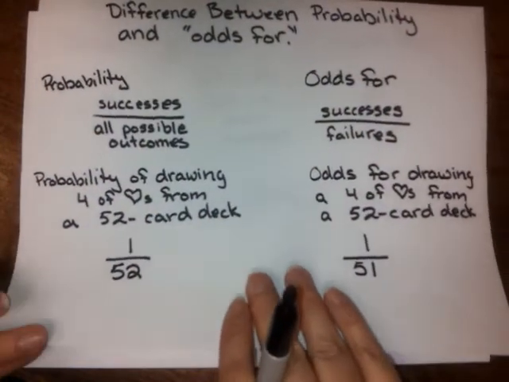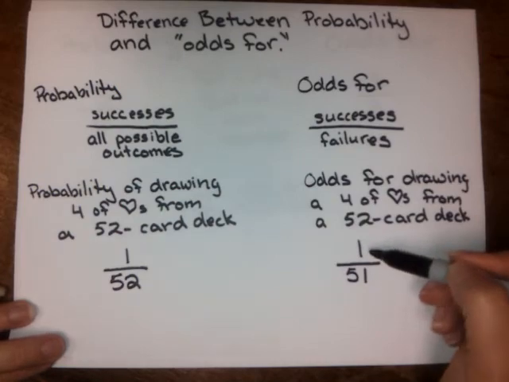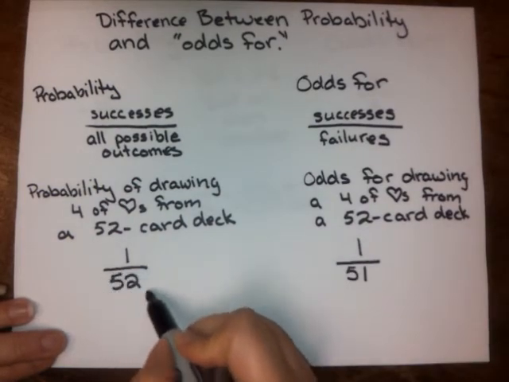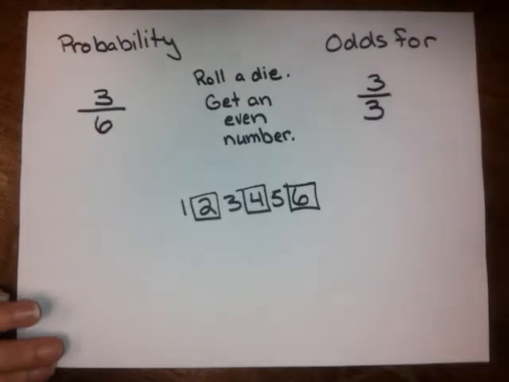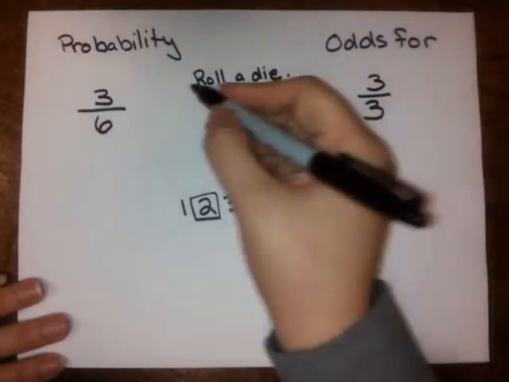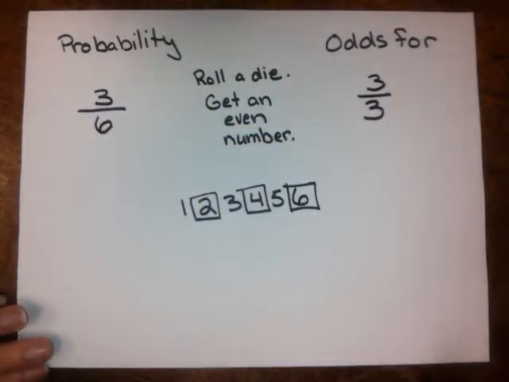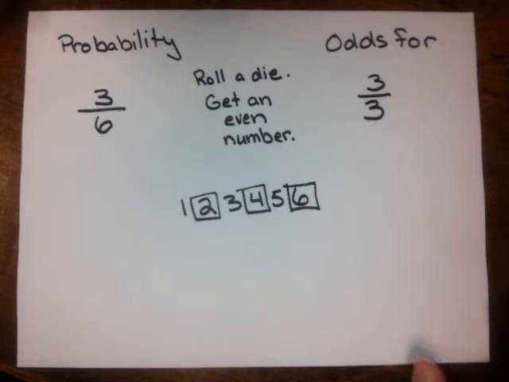And just like we saw with the odds for drawing a 4 of hearts, in this case, the number of successes plus the number of failures equals all possible outcomes. So understanding that relationship is important. There's a question on the homework that deals with those odds, where they're going to ask you to make a comparison between probability and odds.